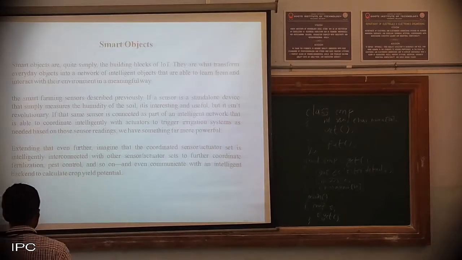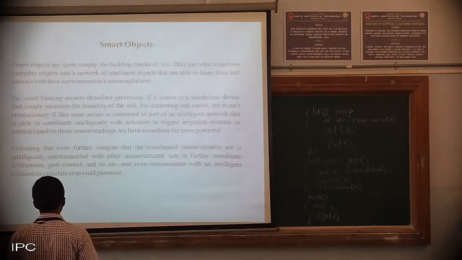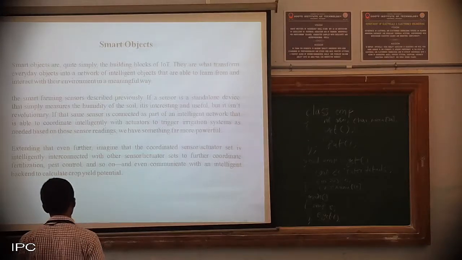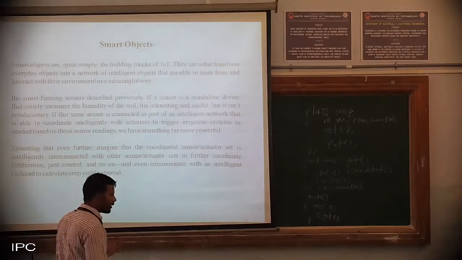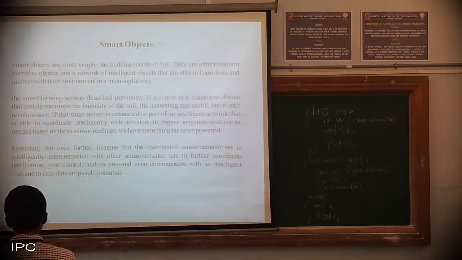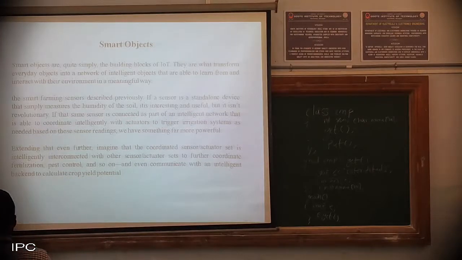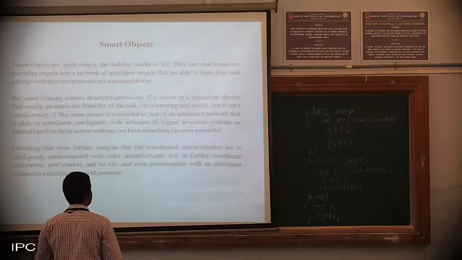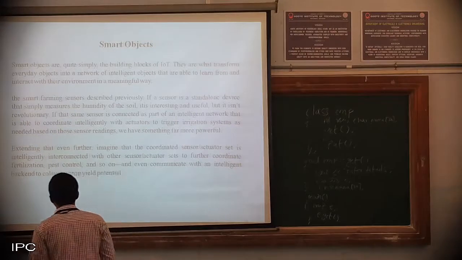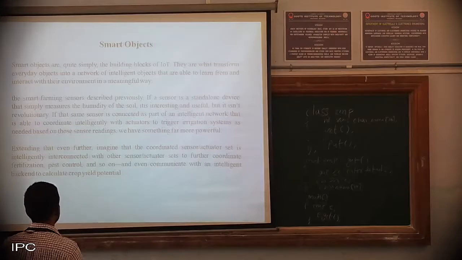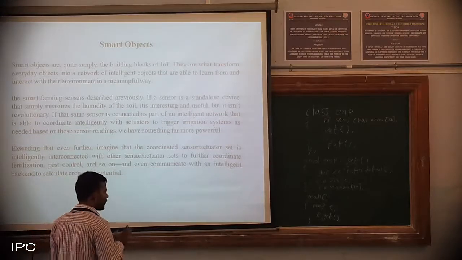The next level is if that same sensor is connected as part of an intelligent network. If that sensor is an intelligent one, it is able to coordinate intelligently with the actuators to trigger the irrigation system as needed based on those sensor readings. That has more meaning.